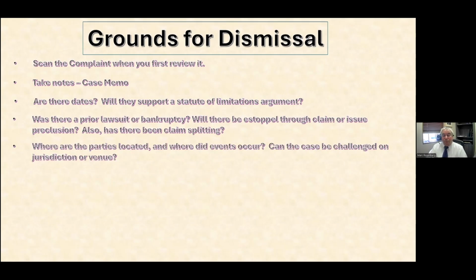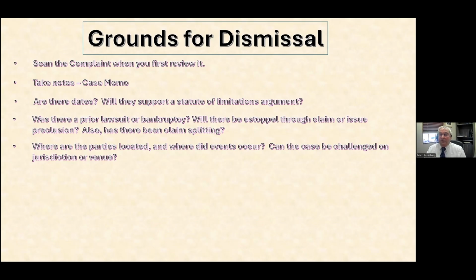Where are the parties located? Where did the events occur? Where is the property at issue? You might be able to challenge a case on jurisdiction or venue. So if all of the defendants live in a different state, well, maybe that state's where the case should be.